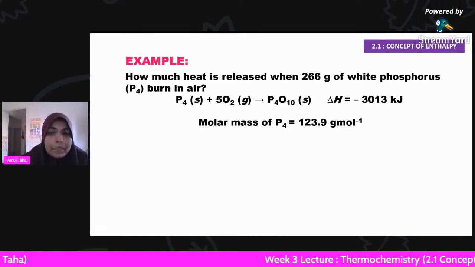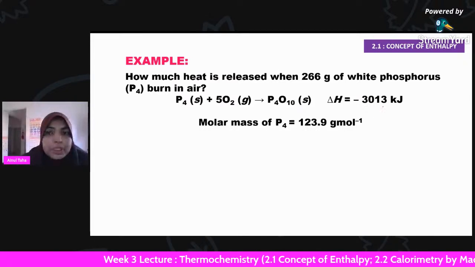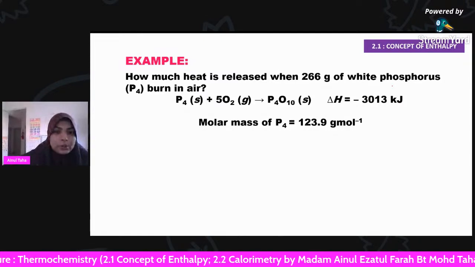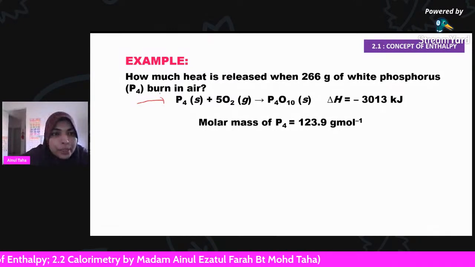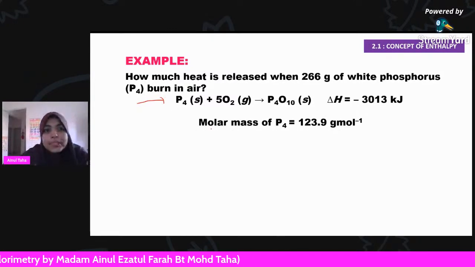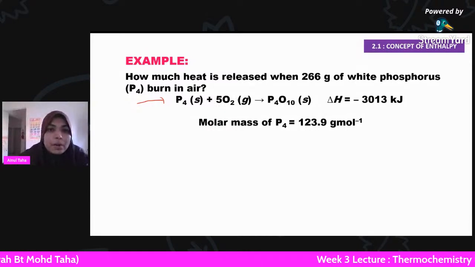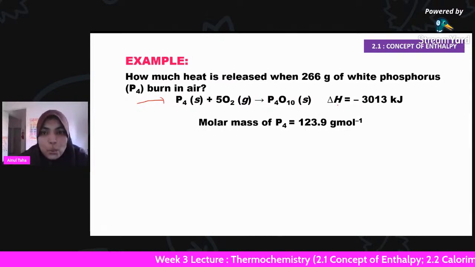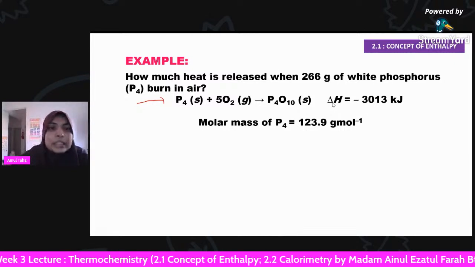The enthalpy change here is negative 3013 kilojoule. So from this thermochemical equation, you must understand the relationship between each of the species inside the equation and the enthalpy here.